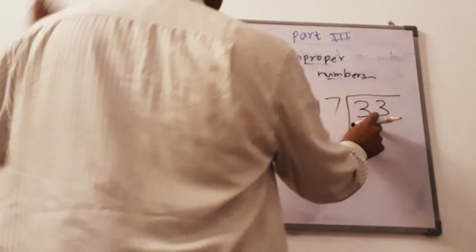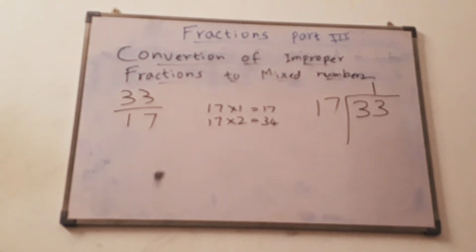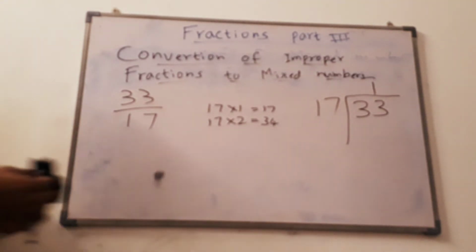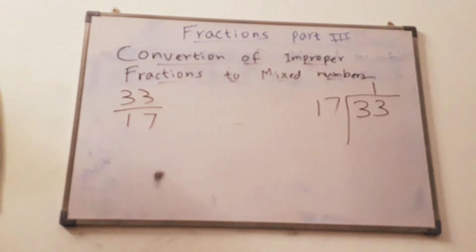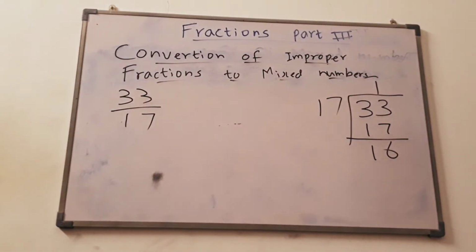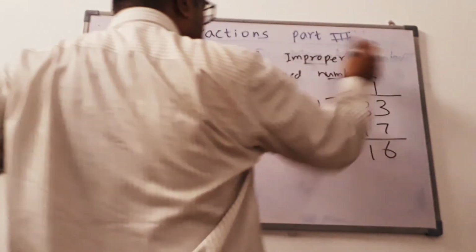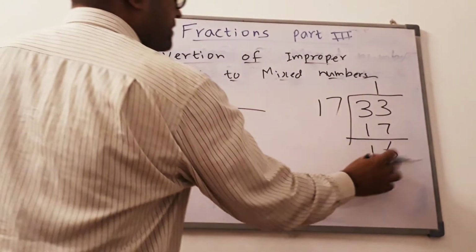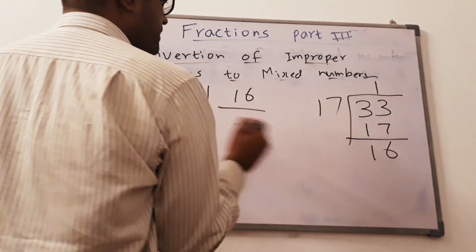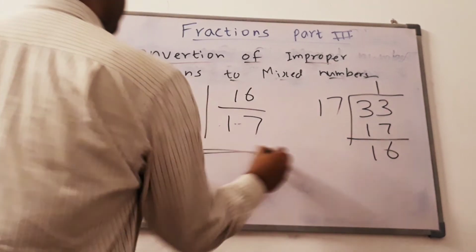This is 33, so there's only 1 17 in 33, not 2. And 17 times 1 is 17, so remaining is 16. Here the quotient is the whole number, the remainder is the numerator, and the divisor is the denominator. So this is the answer here.